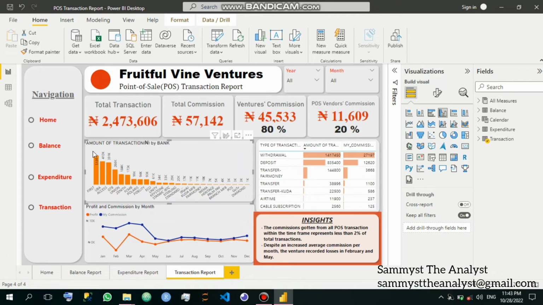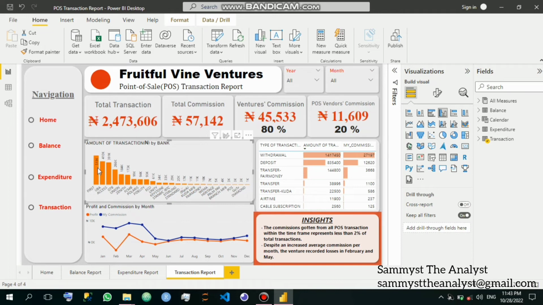So I created a column chart to look at the amount of transaction, out of this total transaction that was carried out, involving these banks.